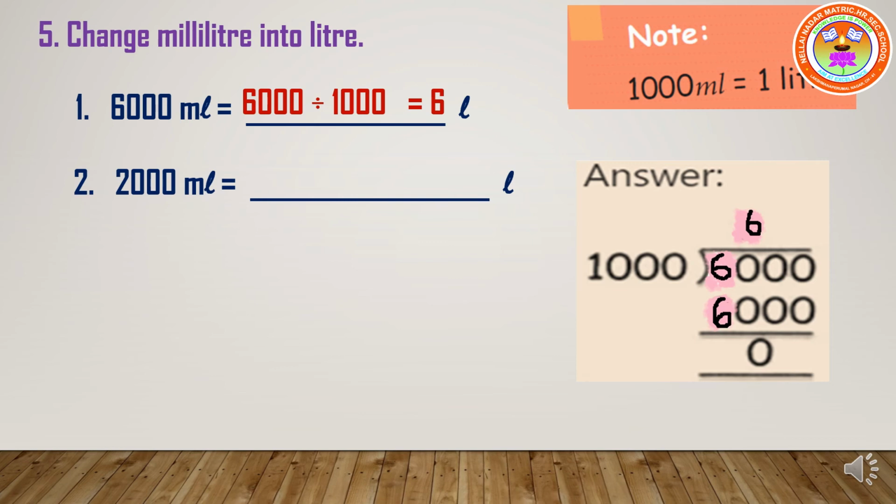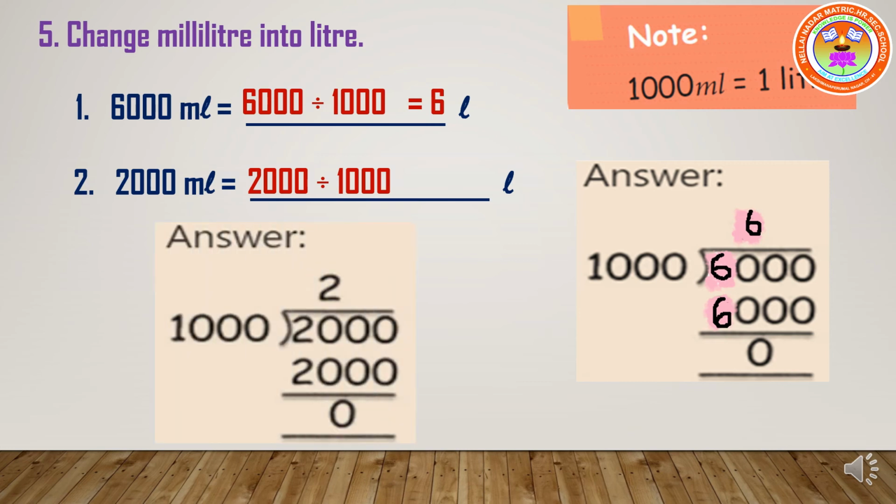Similarly, we can find for 2000 milliliter. So 2000 divided by 1000, we can find that 2 times it is 2000. Therefore, the answer is 2 liters. Understood, children?